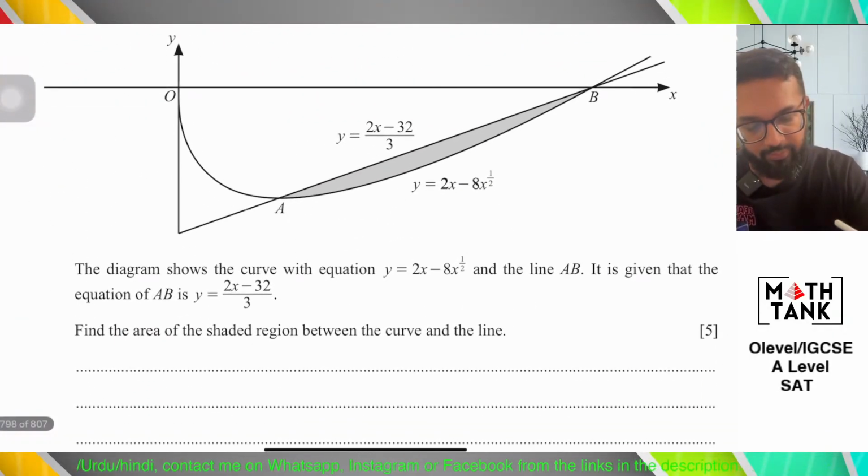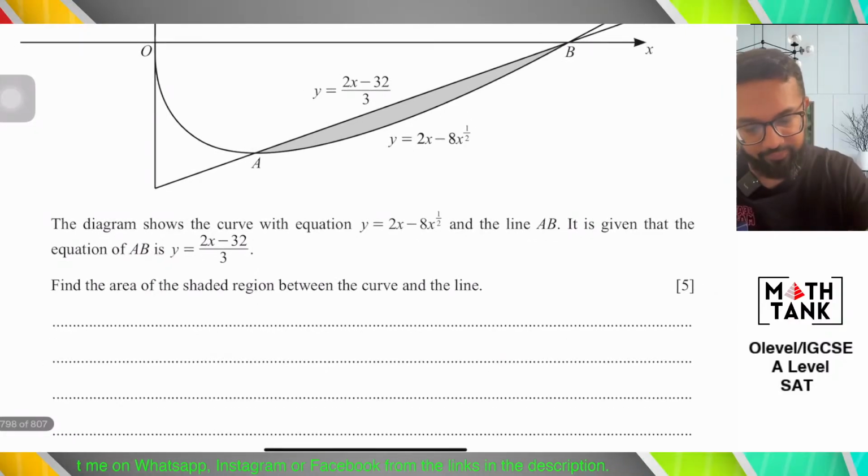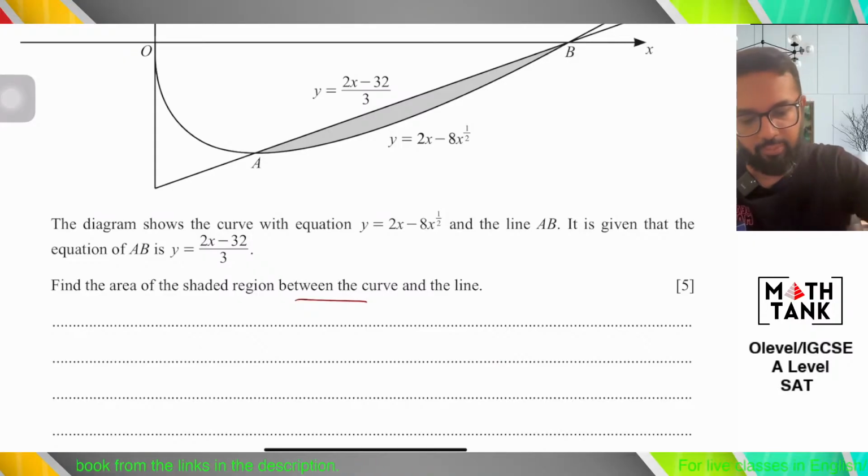Part B, it's the same curve now with shaded area, so above, below.